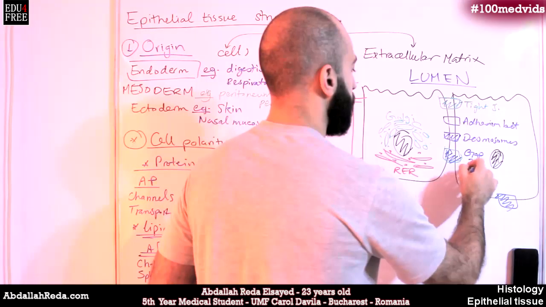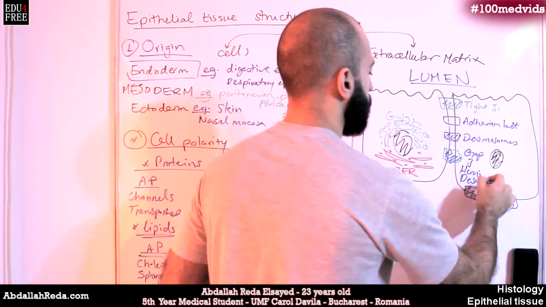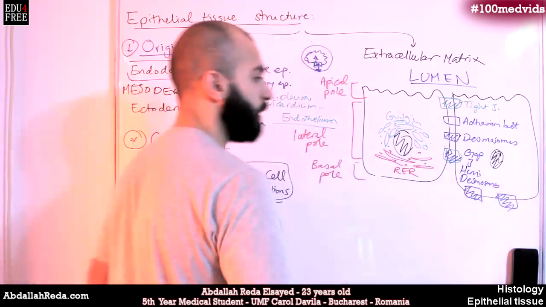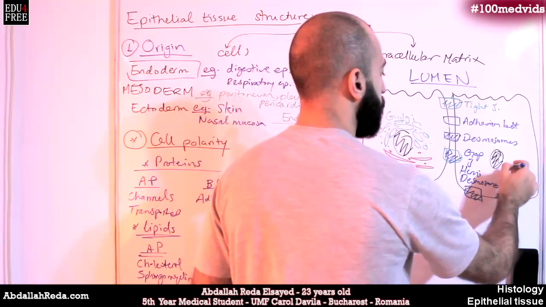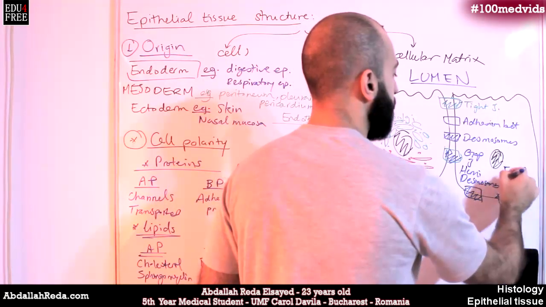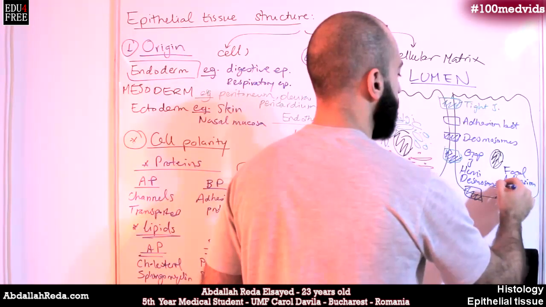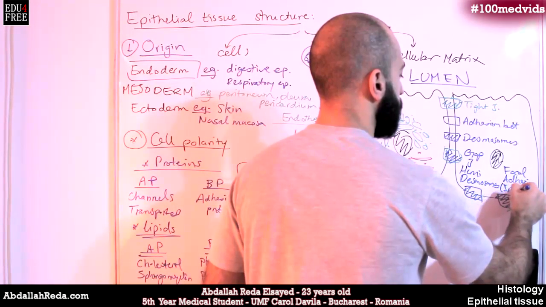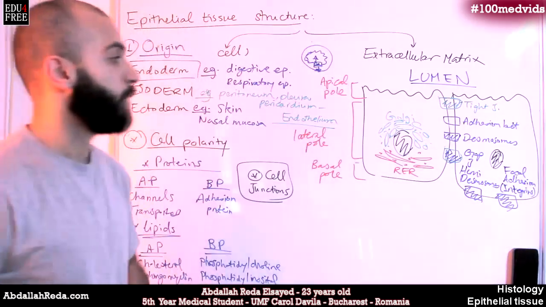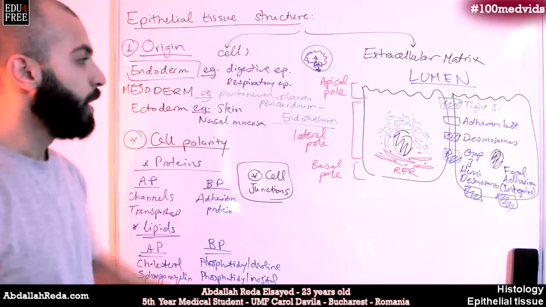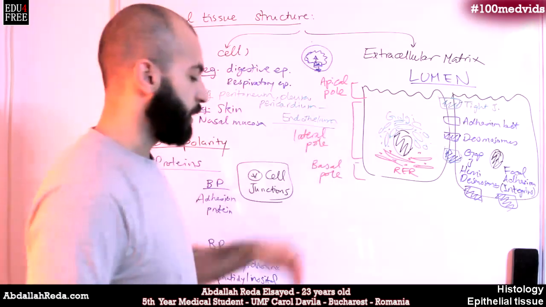First of all, we have hemidesmosomes, and we have here focal adhesion. Those ones we call integrins. So this is the different distribution of the cell junctions, also according to the cell polarity.